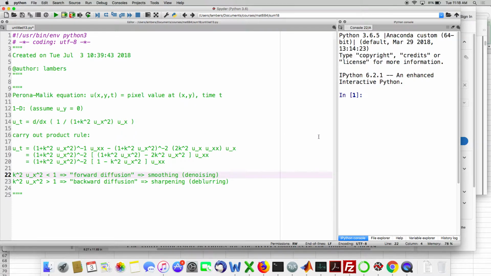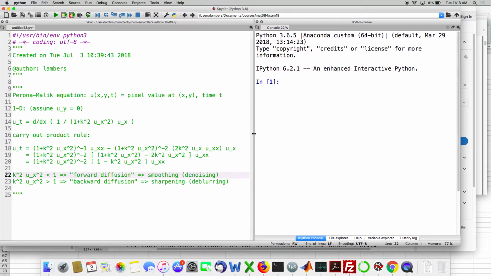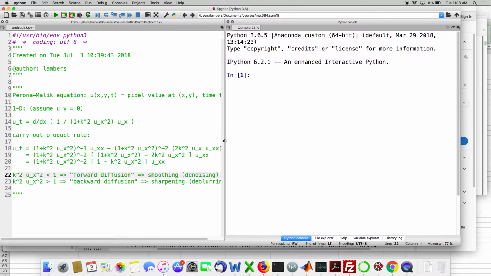So what I've done here, and I'm not going to give away the code, but I will discuss certain pieces of it. I want to show this to you in action. All right, so from my file, Perona-Malik.py, I'm going to import a single function called denoise.